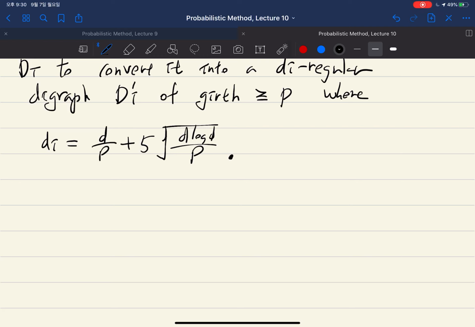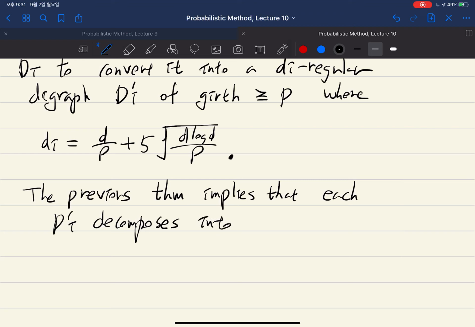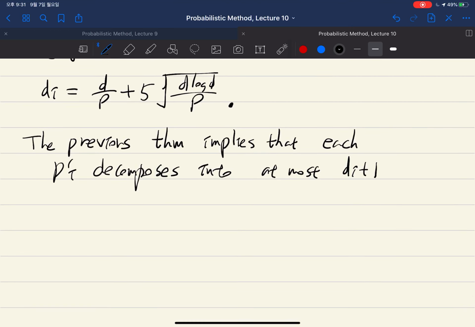And once we have this, the previous theorem implies that each Di prime actually decomposes into at most di plus 1 directed linear forests.